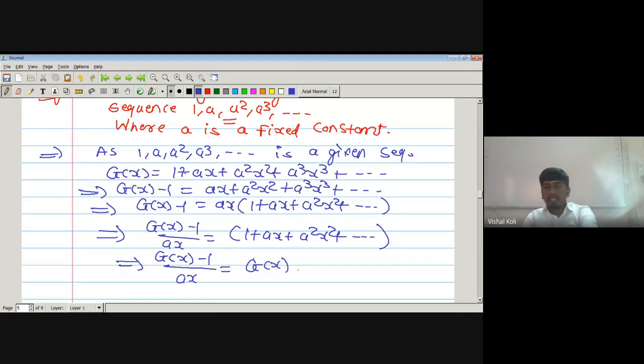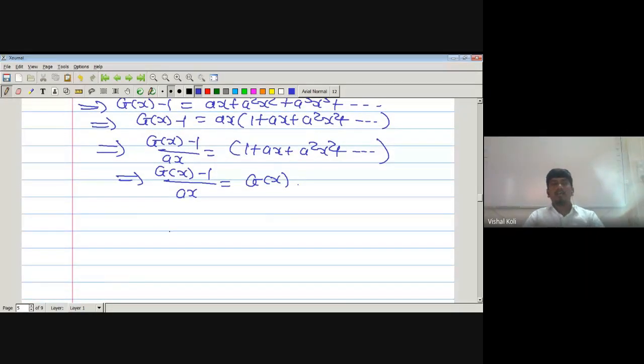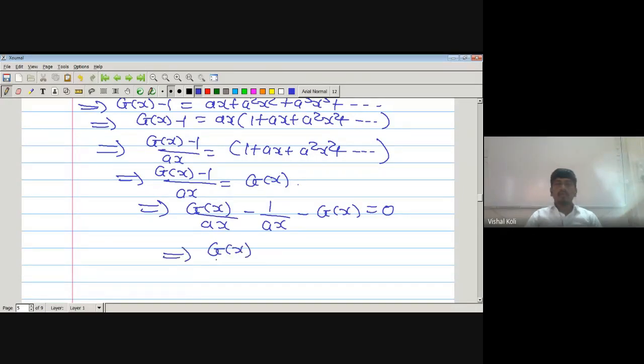Okay. Now take the terms of g(x) on one side. We get x upon ax minus 1 upon a into x minus g(x) equal to 0, which implies g(x) divided by a into x minus g(x). Add 1 upon x on both sides, then we get 1 upon a into x.